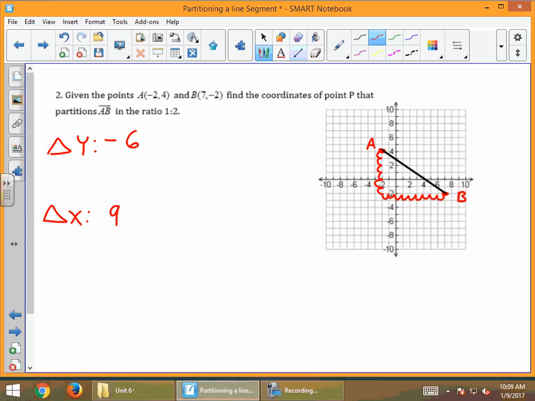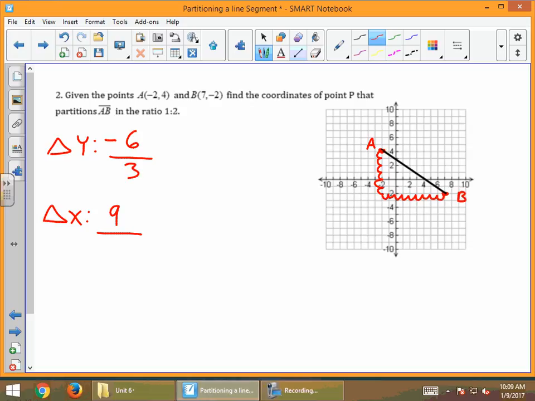Now I need to divide this number by the total number of pieces I want to chop this line up into, partition into. How many pieces are going to be in this segment, this partition? 3. How do you know that? Because the ratio, I do 1 plus 2 is 3. It changes almost every single problem. So 1 plus 2 is 3.